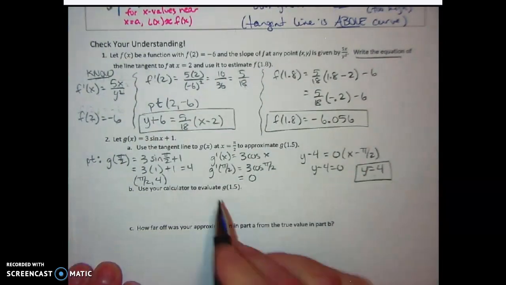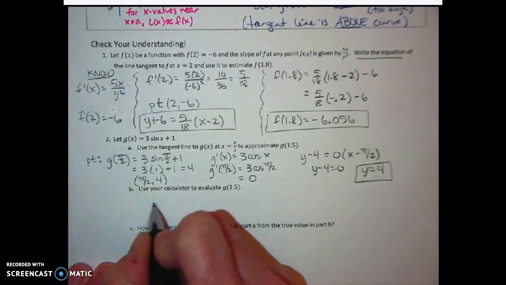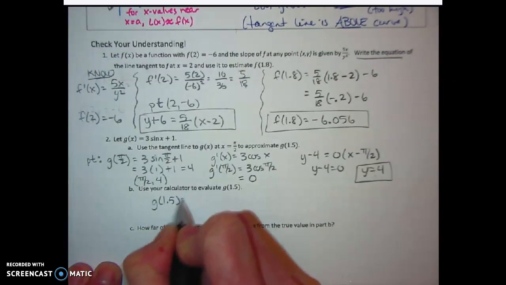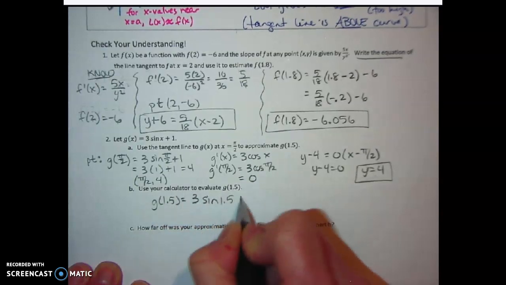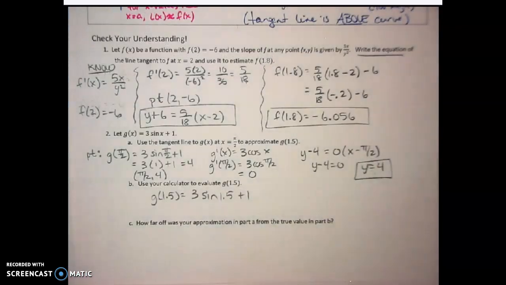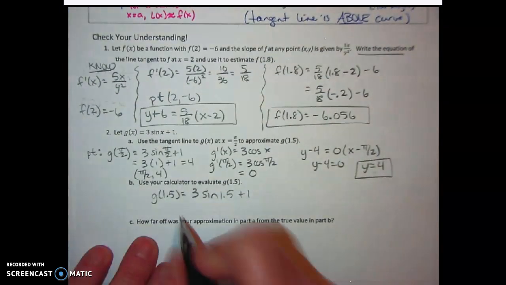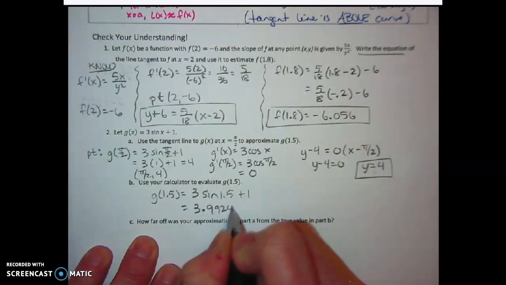Now use your calculator. We have our function, so use your calculator to evaluate g of 1.5. g of 1.5 is 3 times the sine of 1.5 plus 1. Again, make sure your calculator's in radian mode, but go ahead and put that into your calculator, and you should get 3.99248.